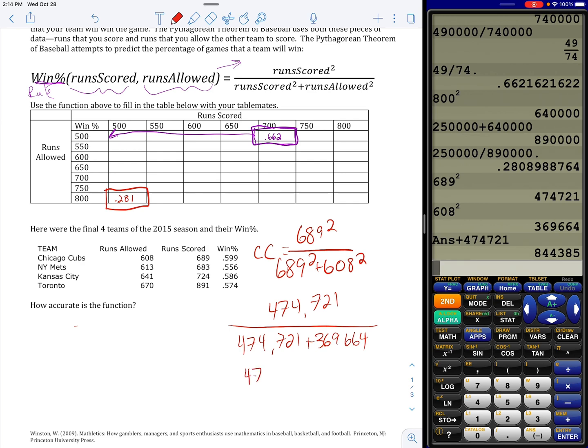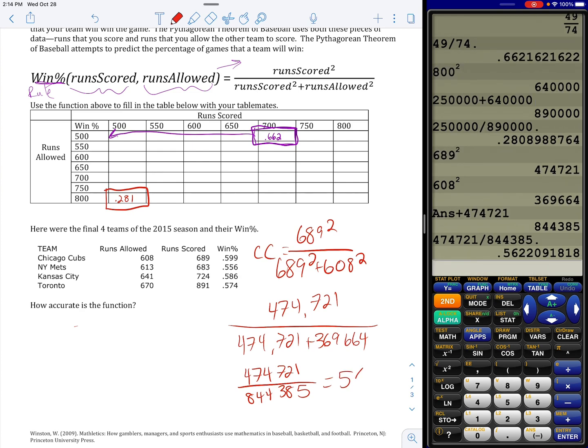I get 844,385. 474,721 divided by 844,385, and I get 0.562. So it's not too far off. It's 0.562 to 0.599. Maybe they just got blown out in a couple of games, and so their runs allowed ran up. So I want you to do this table and then check these four.